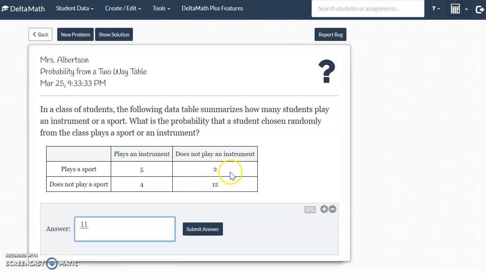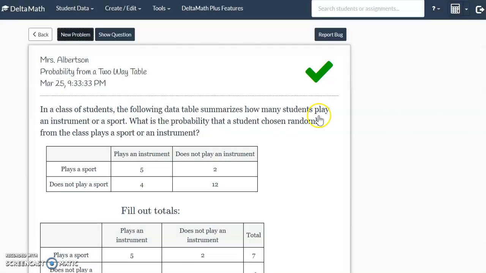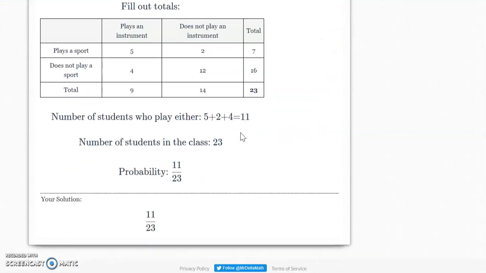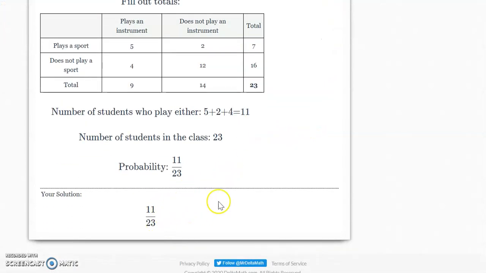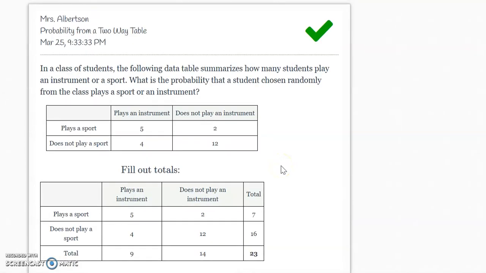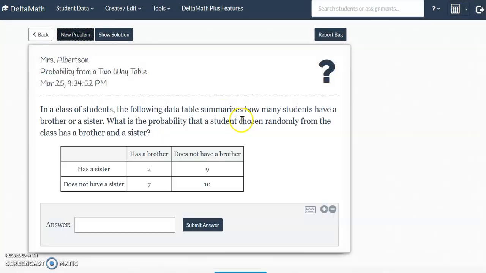Now I forgot what we said. Well, let's just add it back up. So we have 7 and 16, so 23. So 11 out of 23 kids play an instrument or a sport. So we'll submit that. And again, if you look down here, you can see what the options were and what your solution was. All right, let's do one more.